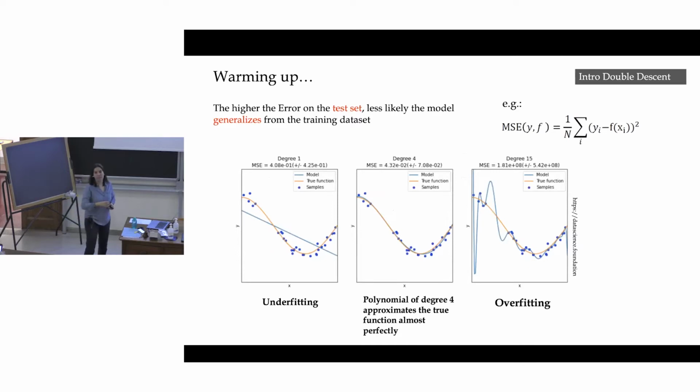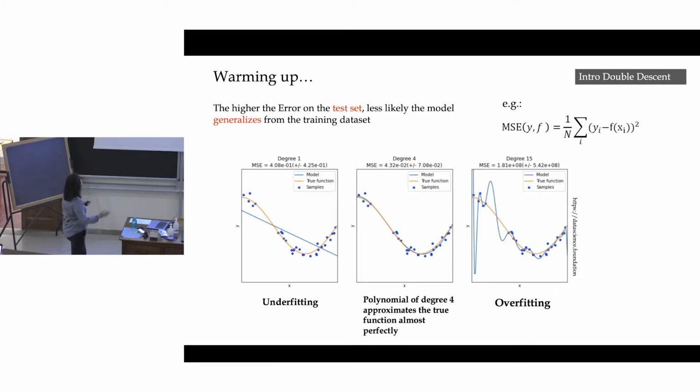Okay, now I'm showing the true function that we discussed at the beginning. Let's suppose that now I'm trying to fit these samples, these blue dots. And here I'm showing the true function, the orange, and the model. I'm trying to fit in this first plane with degree 1. So this is quite bad. I don't expect this to generalize. This is the usual underfitting regime. In the middle, now I'm trying to fit with 4 degrees of freedom. This seems quite a good fit.